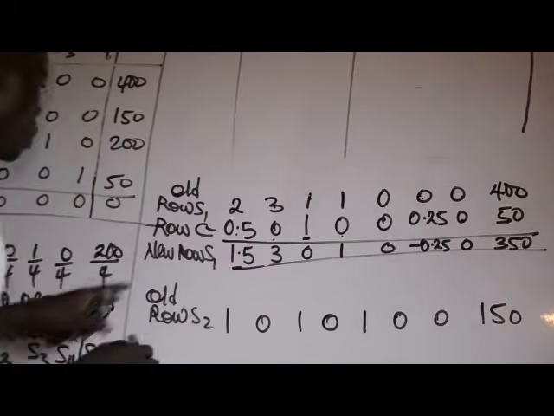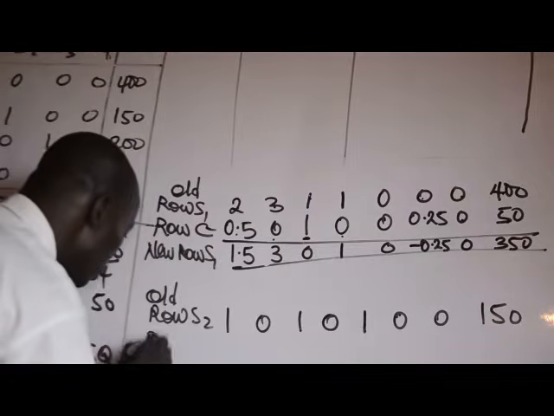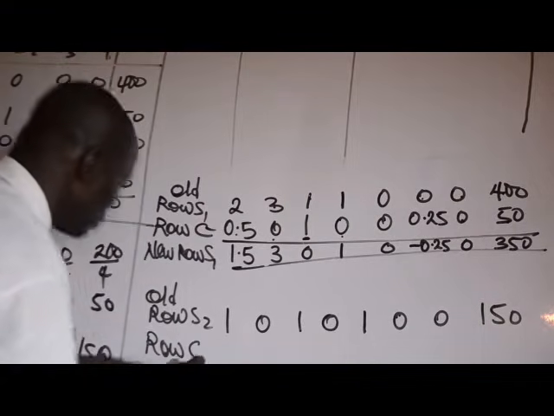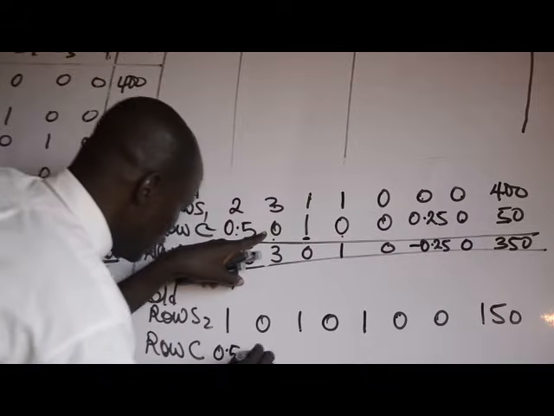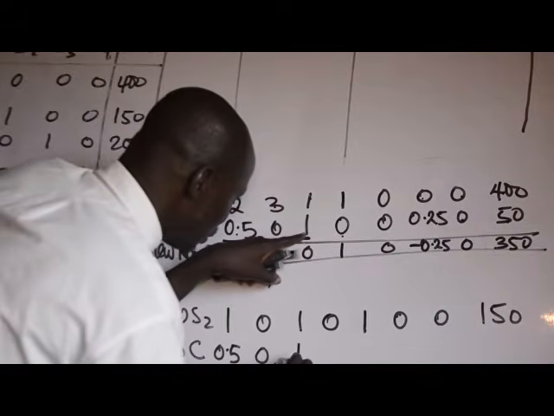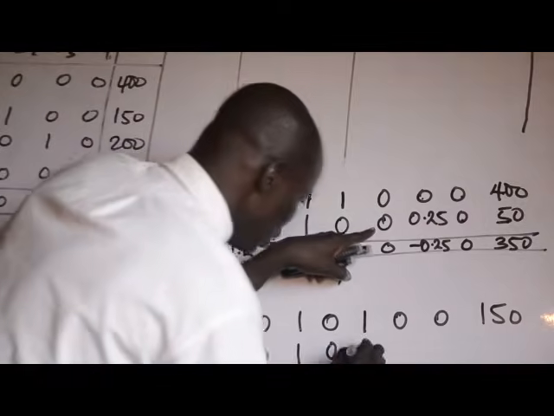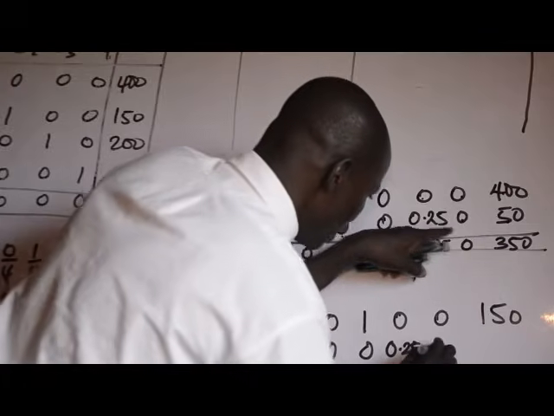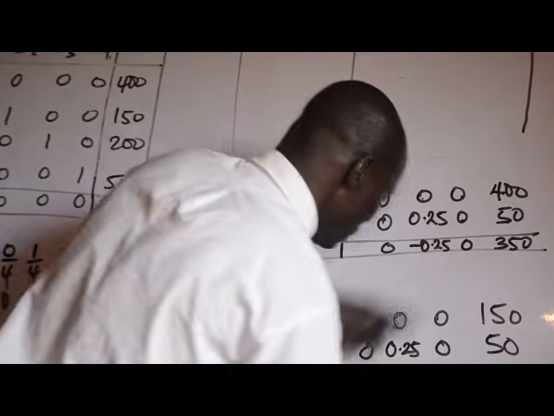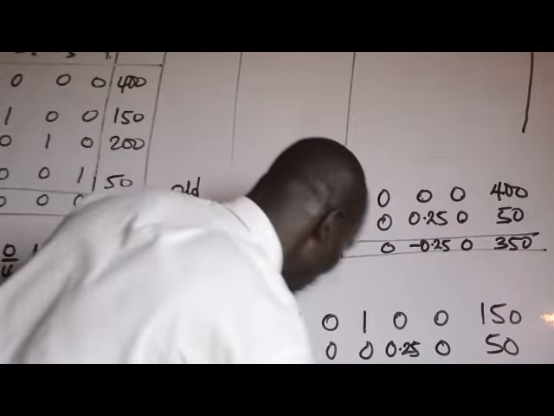Then our pivot row, which is row C. Row C, that is 0.5, 0, 1, 0, 0, 0.25, 0 and 50.